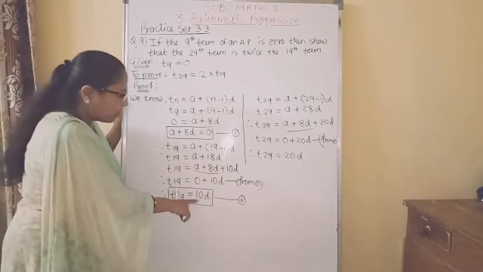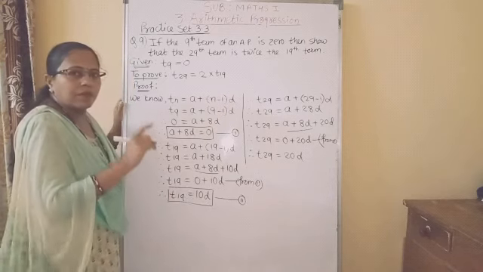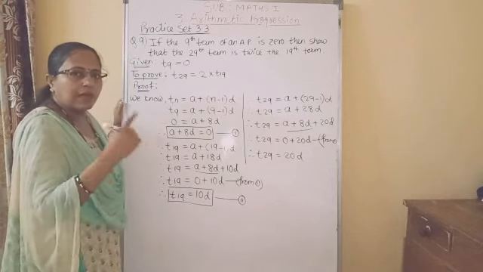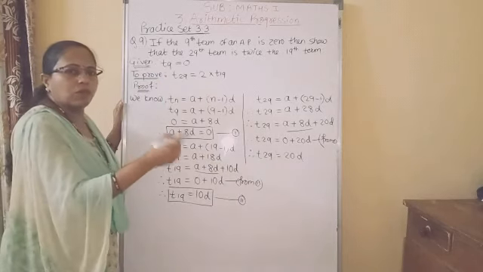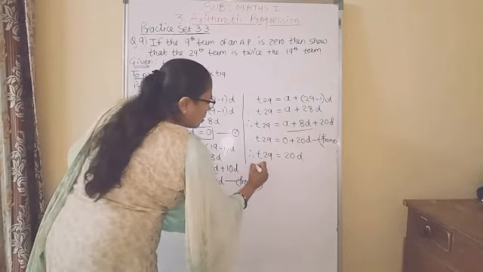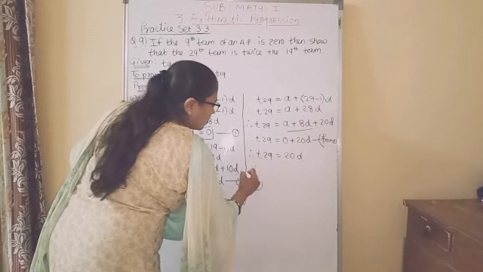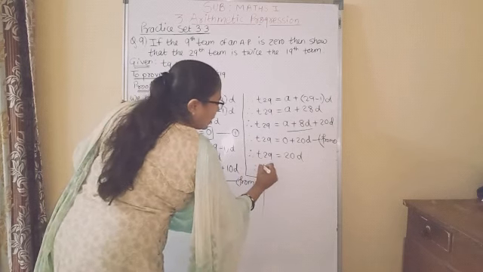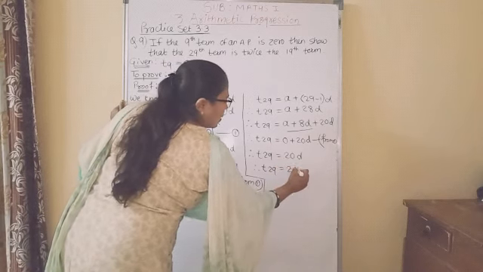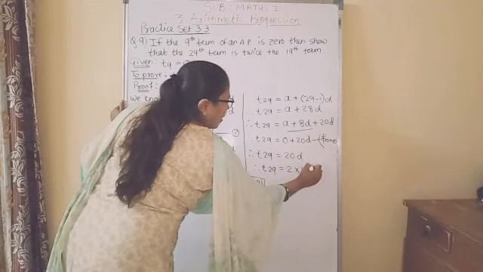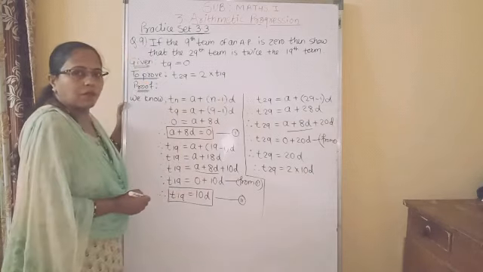Okay. Now we will find the factors of 20. And one of the factors we will take 10. So the factors of 20 we will get 2 into 10. Therefore, T29 is equal to 2 multiplied by 10D. Okay.